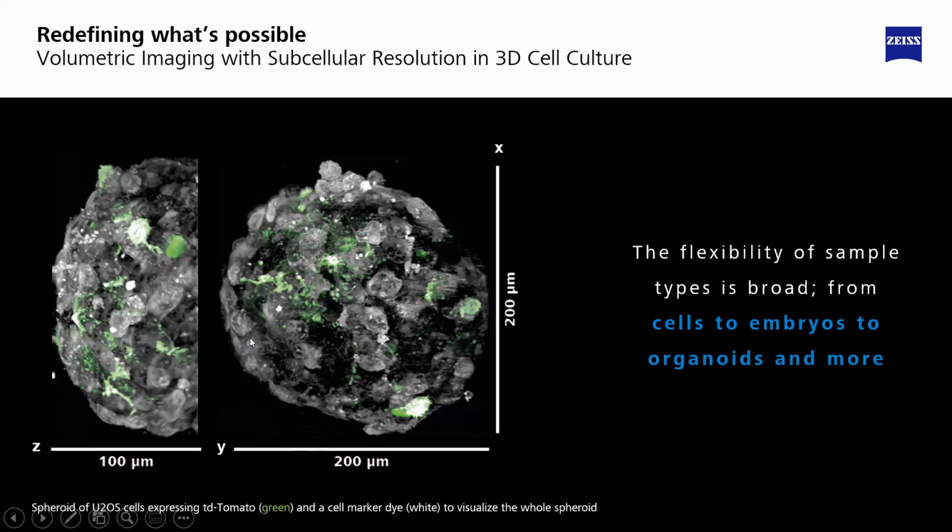But because we're imaging near isotropically, meaning our X, our Y, and our Z dimensions are almost exactly the same on the lattice light sheet, we get a really good, high quality volumetric rendering, regardless of the size of our sample here. So not only are we able to improve resolution in time, we're also improving resolution in Z as well.